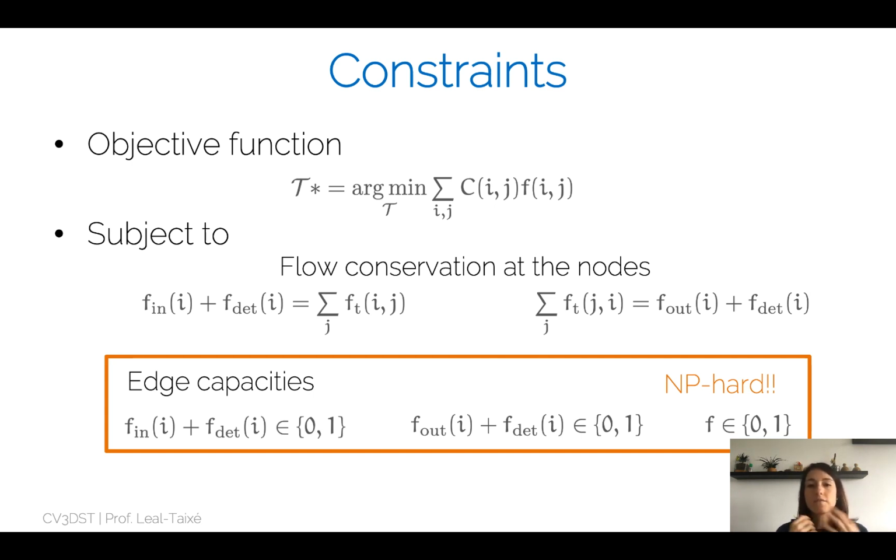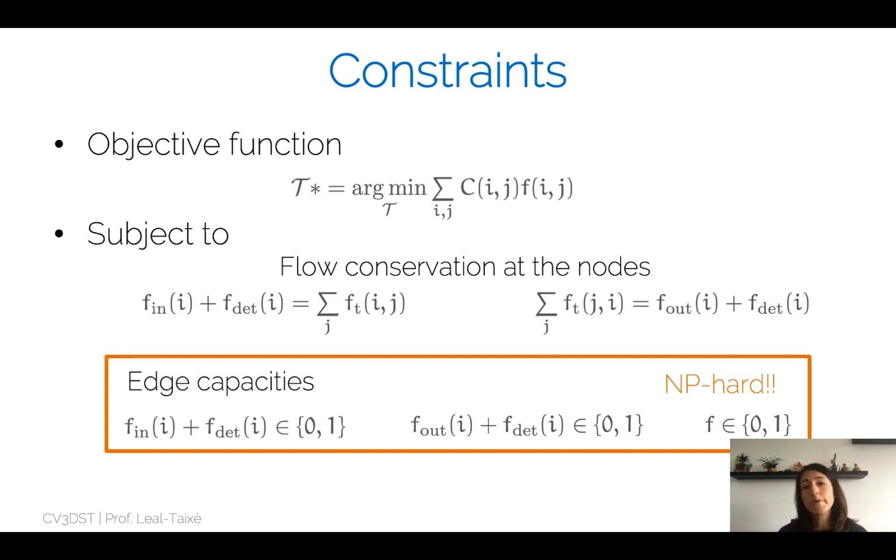So the flow conservation at the nodes and the edge capacities express all the properties of the multiple object problem that I want to impose on my objective function. So my objective function, subject to these constraints, expresses nicely my multiple object tracking problem.